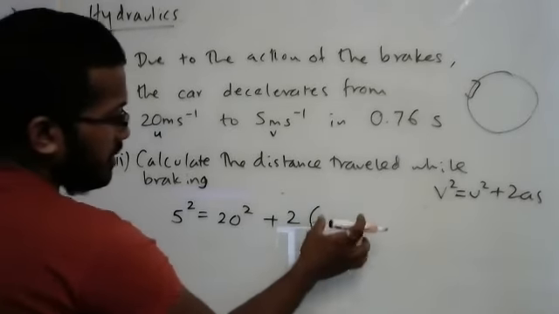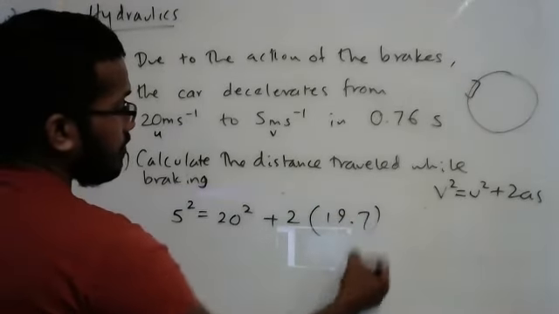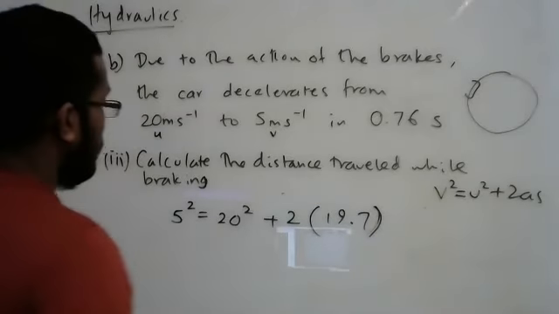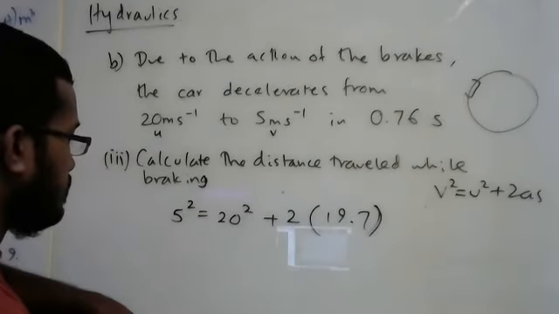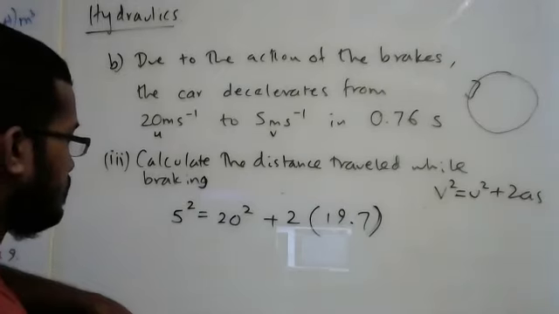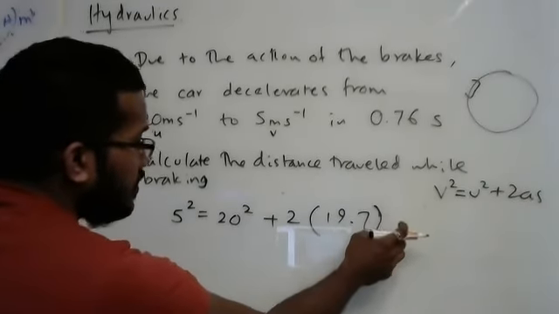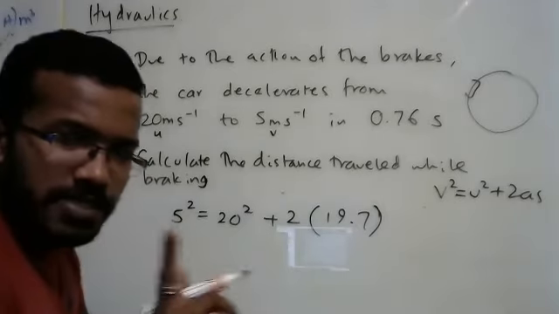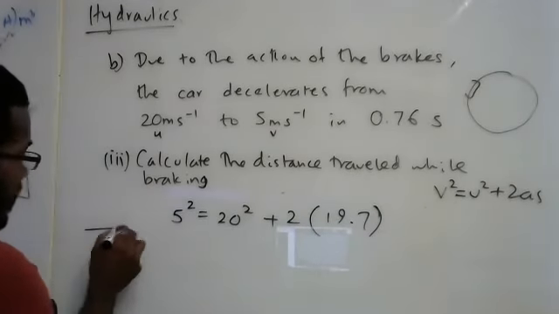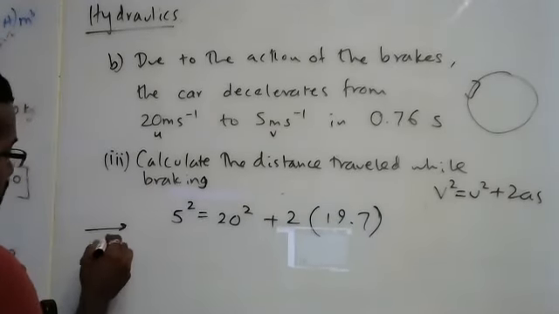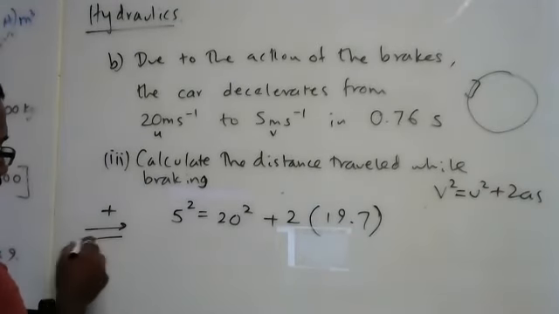Now here it's totally optional whether you put positive or negative. But the correct way to do it, you guys can benefit from this because we use this in momentum. You take everything going to the right as positive, everything going to the left as negative.